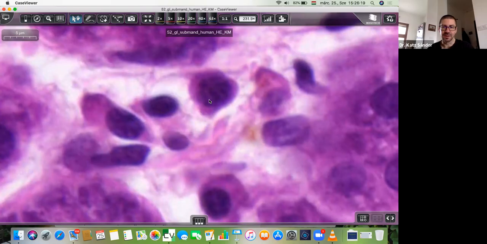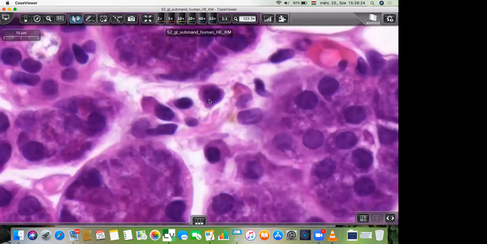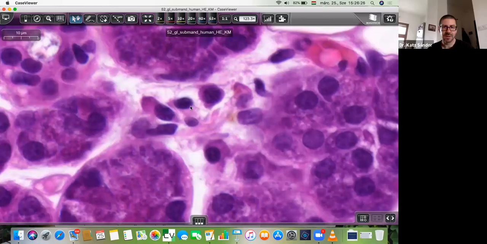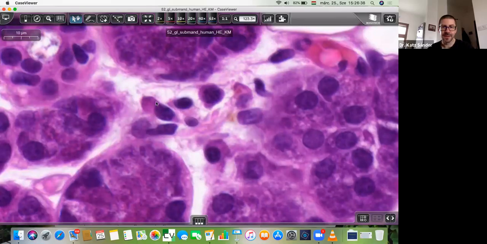cartwheel-like manner. Dr. Katz, what about the one right next to it? Is it this? The one next to that one? The one to the left. Is that, no, to the left of the one you were pointing at? That? Yeah, is that also a plasma cell? Also plasma cell. It's also a plasma cell.